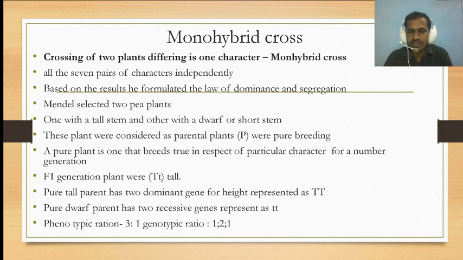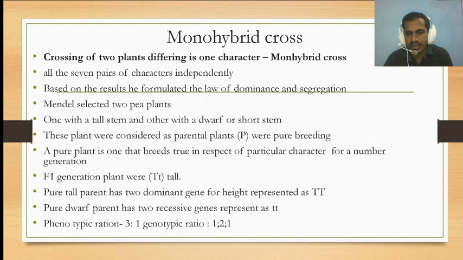Mendel selected two pea plants, one with a tall stem and the other with a dwarf stem. These plants were considered the parental characters and were pure breeding.